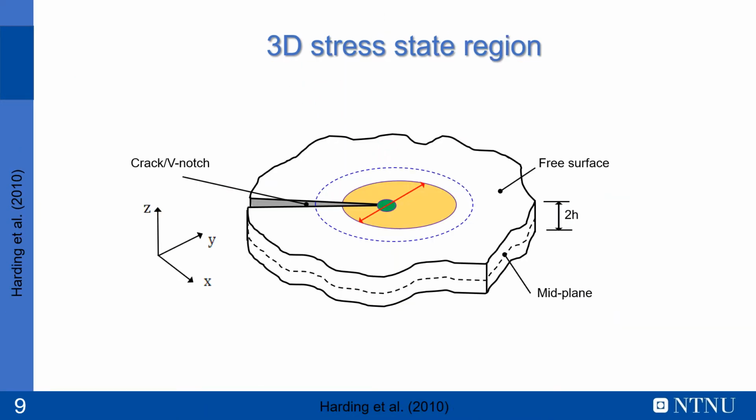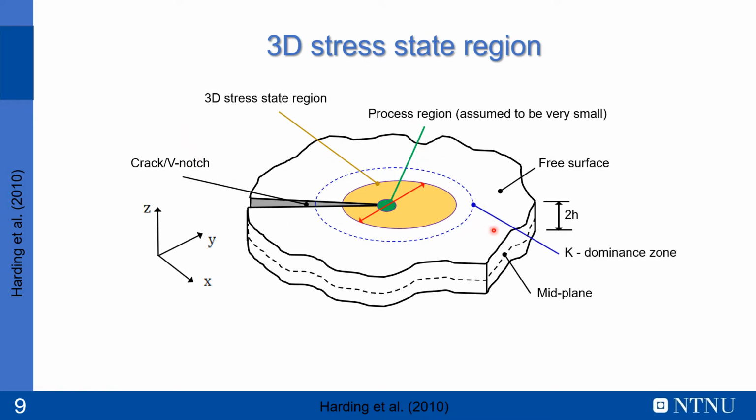So the 3D stress state region around cracks or V-notches can be represented like this. In green we have the process region, in yellow the 3D influence region, and the dashed blue line is the K-dominant zone. And outside of this we have the region of plane stress condition.